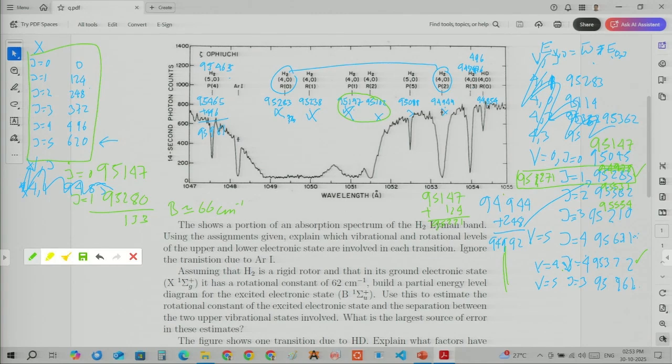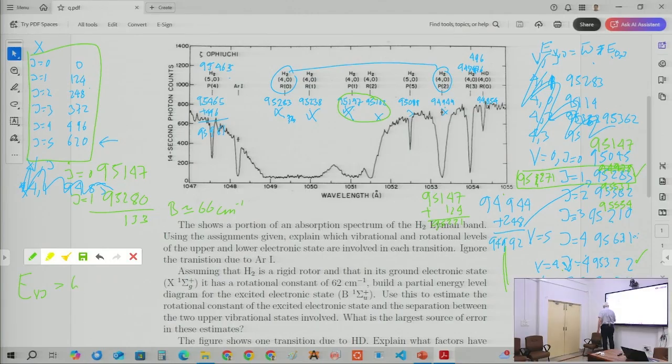The upper state energy level, which I'm labeling Vj for the upper state, for vibration and rotation, is equal to omega. So this should be single prime, omega Vj prime, V double prime, J double prime, that's always 0, plus the energy of the lower state.